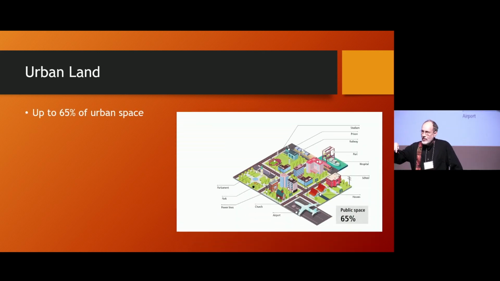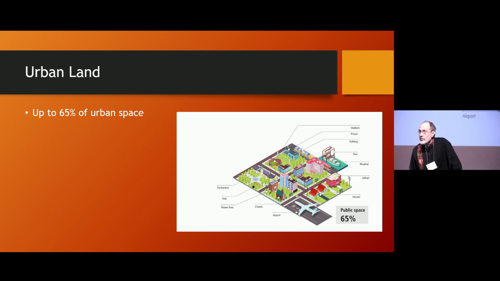Urban land, so Toronto, Montreal, Vancouver, Sherbrooke, whatever city you want to talk about, on average, 65% of the space in urban land is actually collectively owned. 65%. So that includes the roads, the sidewalks, the institutions, the parks, and so on.